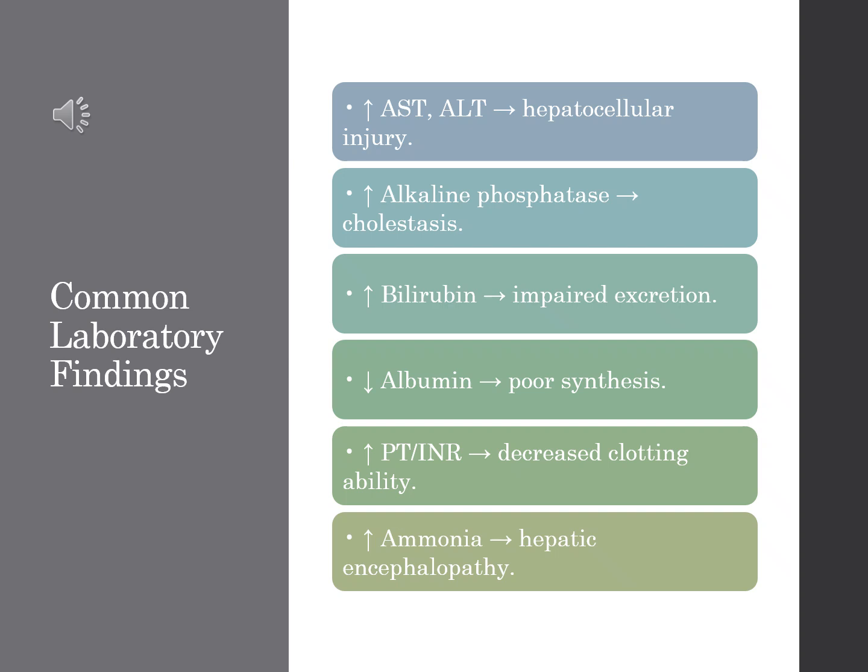Then we have our PT and INR levels. These are our coagulation levels. Normal PT is usually about 11 to 13. We really want to assess this in our liver patients to see if they have enough synthesization, or creation, of those clotting factors. If you have a higher or longer PT, that means it takes longer for your blood to clot, and so you're at higher risk for bleeding.